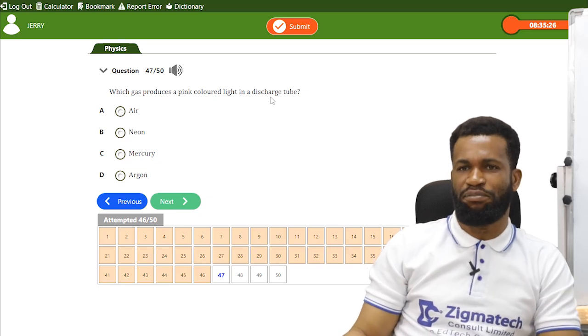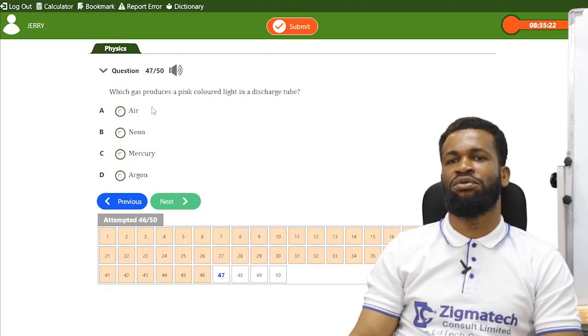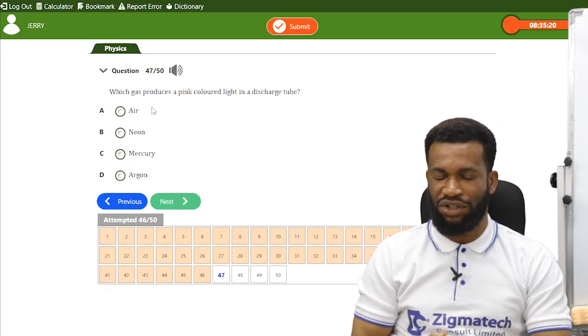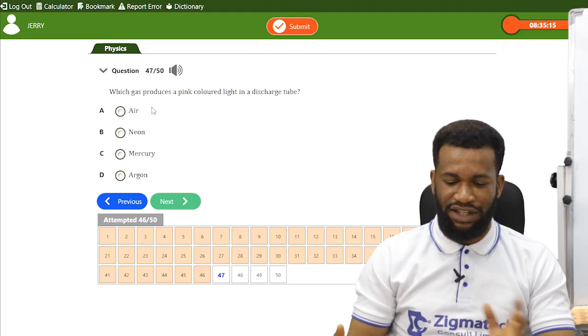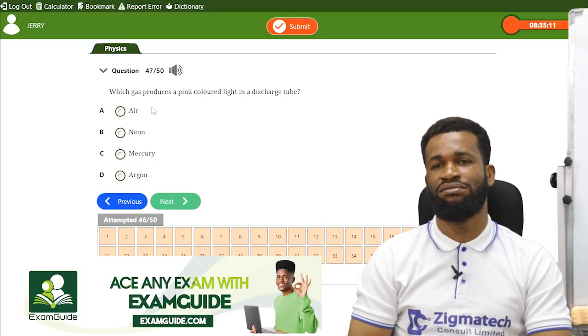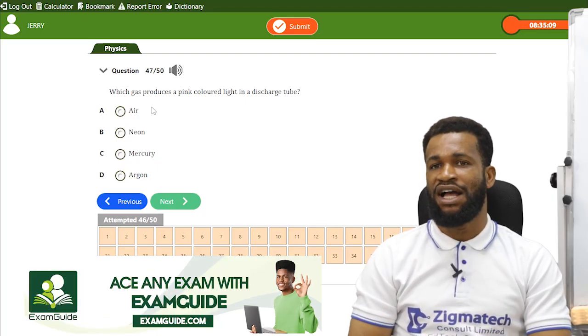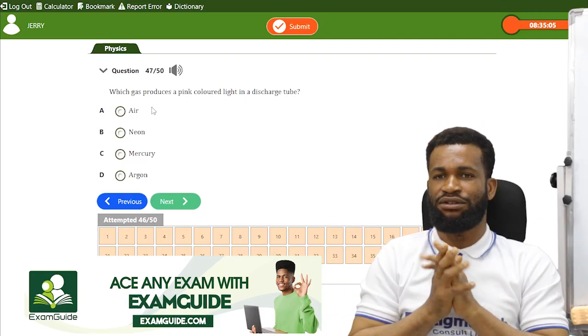Which gas produces a pink colored light in a discharge tube? When we talk about an electric discharge tube, we are talking about a setup whereby a gas can conduct electricity, with a cathode and anode at both ends, a very low pressure in the tube using a vacuum pump, and a very high potential difference between the anode and cathode.